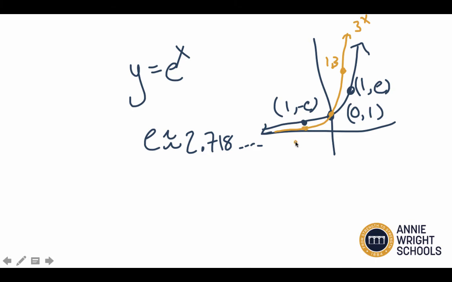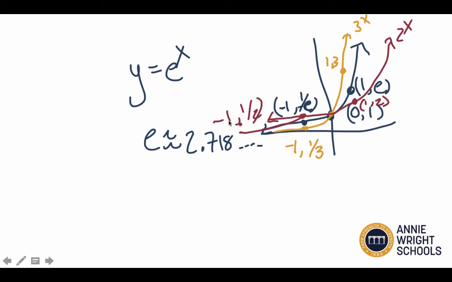And here's the point -1, 1 over 3, and I'm sure you guys noticed this mistake. This is terrible. -1, 1 over e. Sorry about that. And then another important function to know would be this one. Again, graphs not drawn to scale. This would be the graph 2 to the x. Here's the point 1, 2. Notice that that point is below e, but this point right here, that's the point -1, 1 over 2.